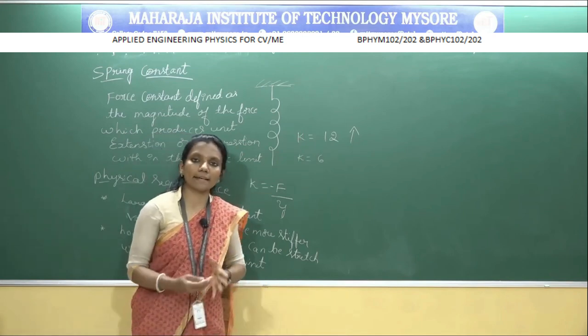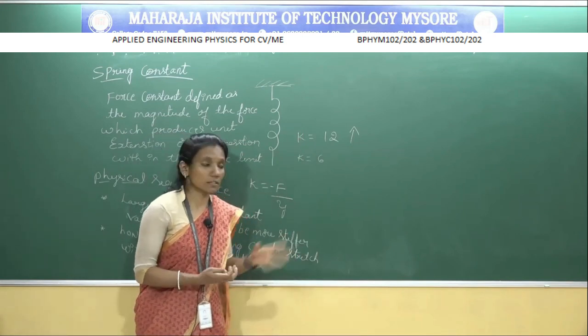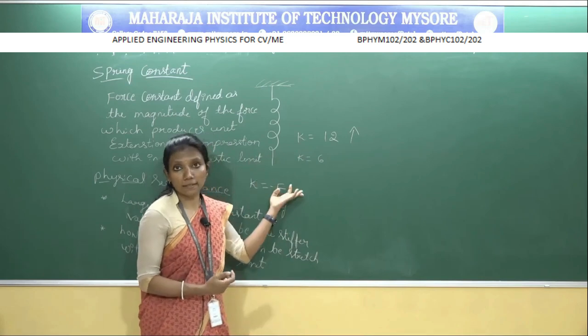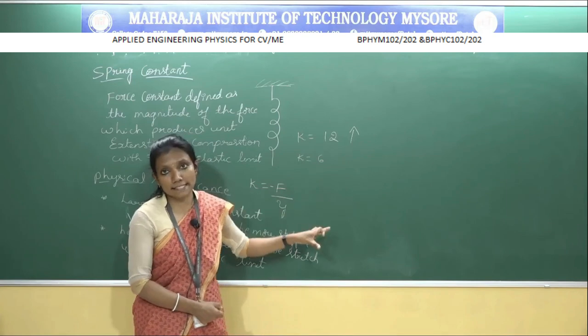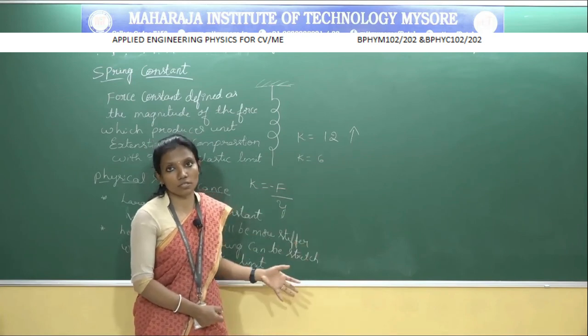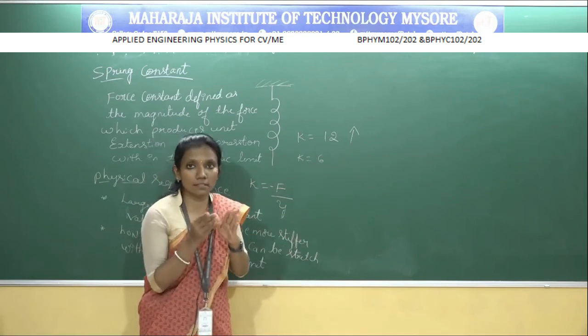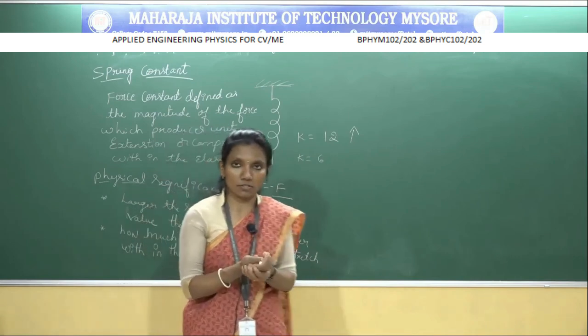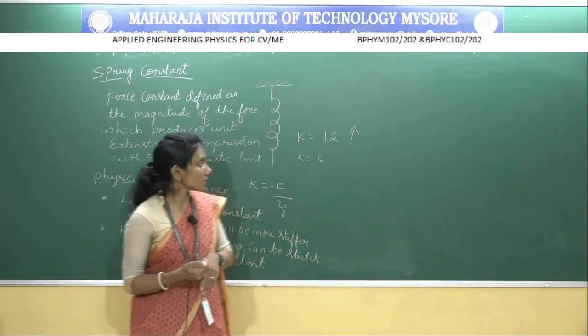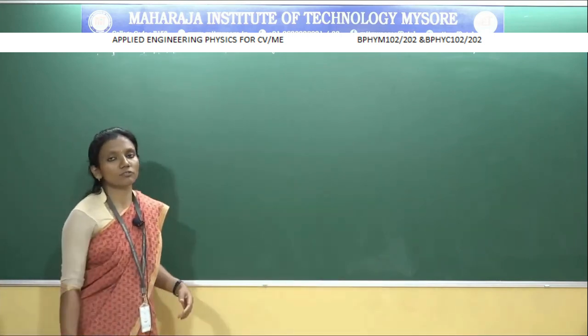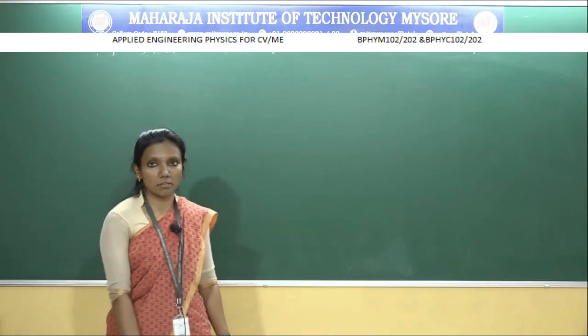This is the definition and physical significance for any single spring. Now if we take one more spring and connect the springs one end to the other, that is in series, what is the spring constant? And if we connect the springs in parallel, what is the spring constant? So now we have to find the derivation for the spring constant.